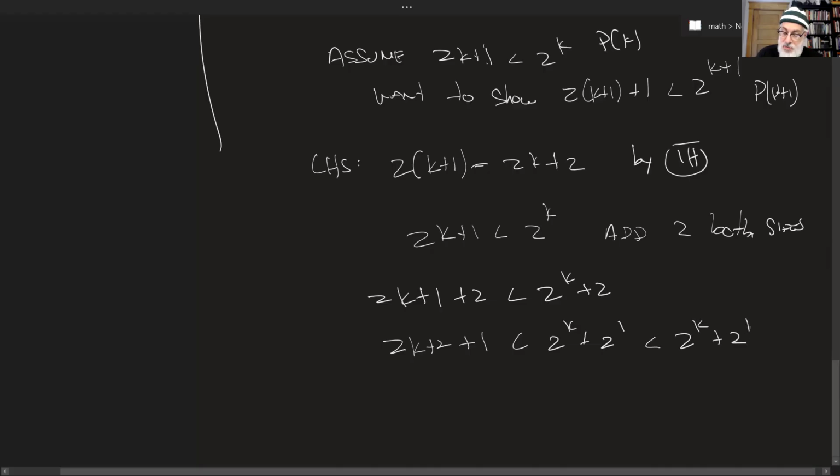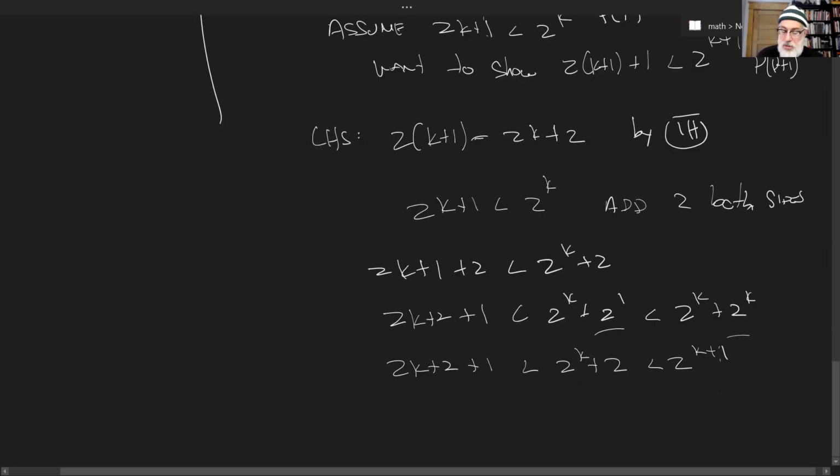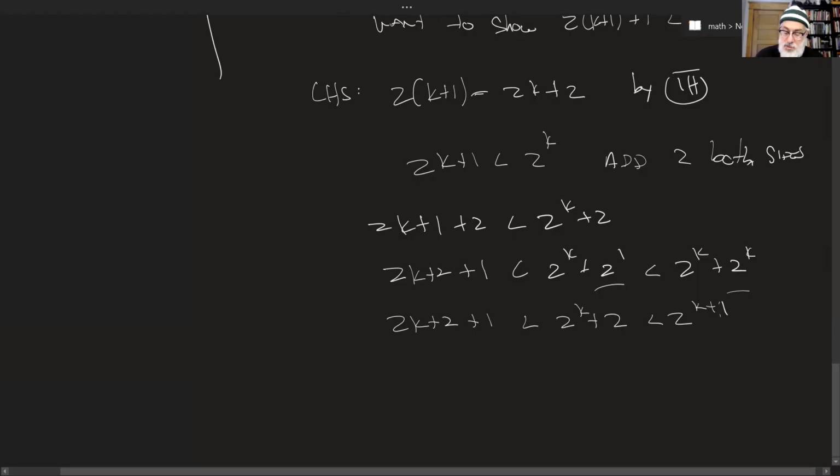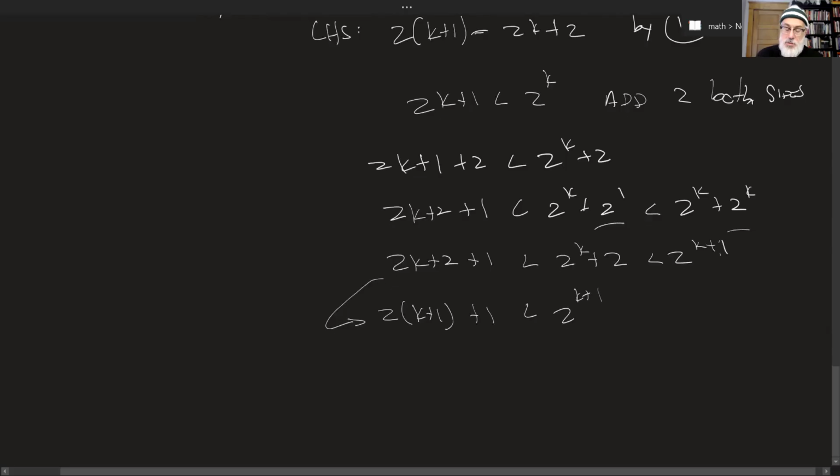Because if I have 2 to the 1 and 2 to the k, 2 to the 1 is less than 2^k, so I can write that as 2^k plus 2 is less than 2^(k+1). So I have my little chain of inequality here. And this, of course, is 2(k+1) plus 1 is less than 2^(k+1), which is what we wanted to show. So it is true that 2k plus 1 is less than 2^k.